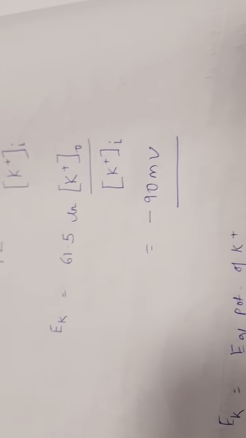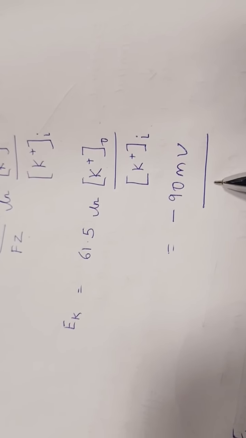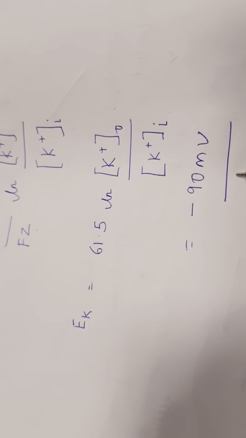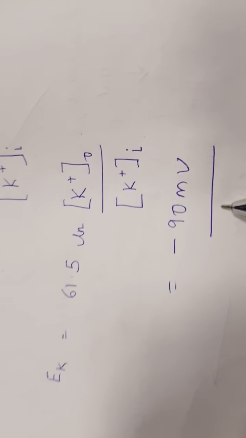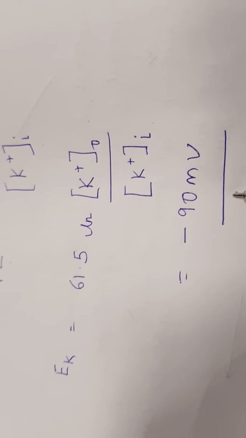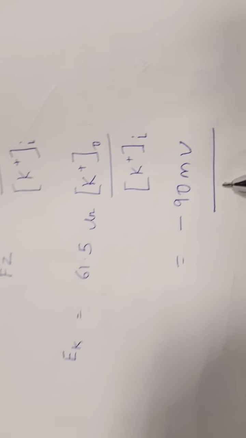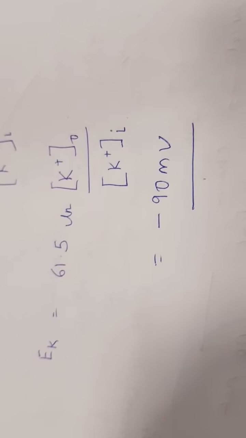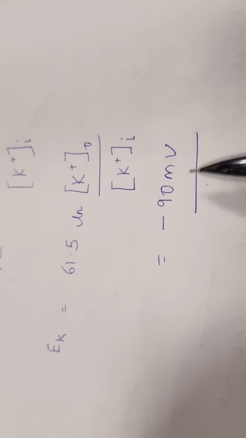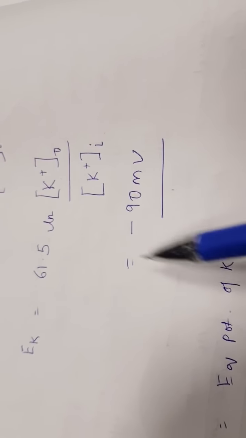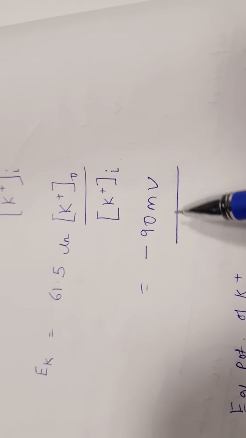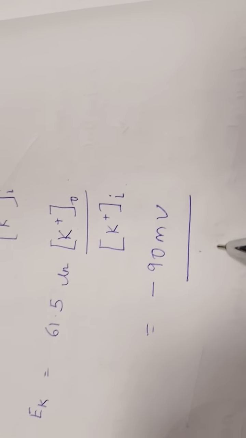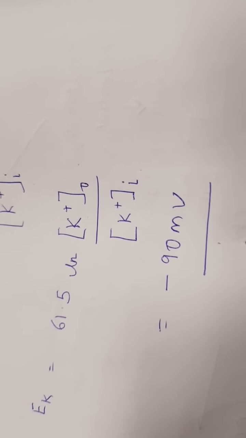On calculating, this comes out to be minus 90 millivolt. So the equilibrium potential calculated by the Nernst equation for potassium is minus 90 millivolt. Nernst potential is basically the potential required to prevent the diffusion of the ion. So this amount of force will be required to prevent the potassium from moving.